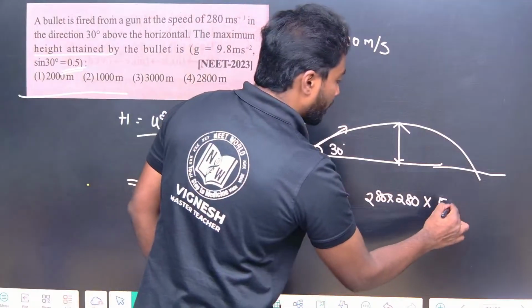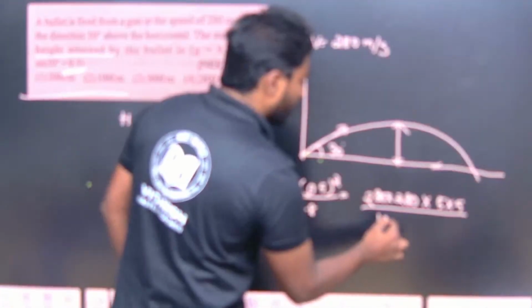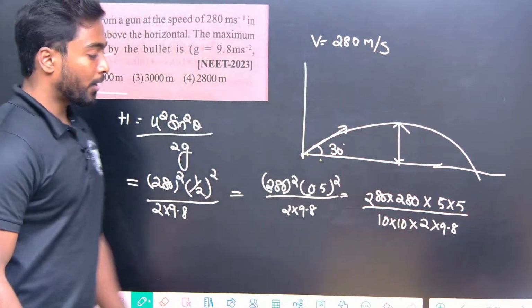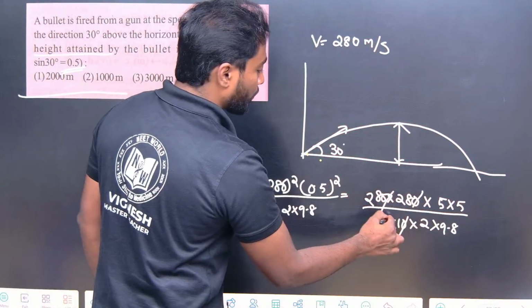So 5 into 5 divided by 10 into 10 into 2 into 9.8. So these zeros will get cancelled out.